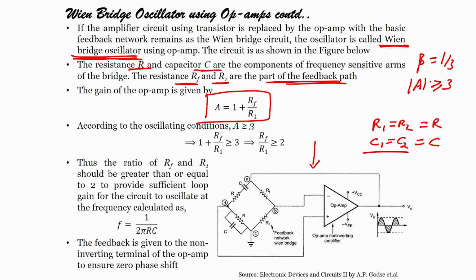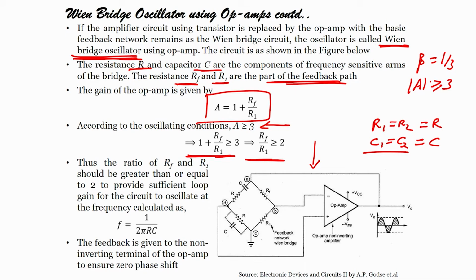So, according to the oscillation conditions, gain should be greater than or equal to 3. Now, gain is 1 plus RF by R1. So, 1 plus RF by R1 is greater than or equal to 3, or RF by R1 is greater than or equal to 2.